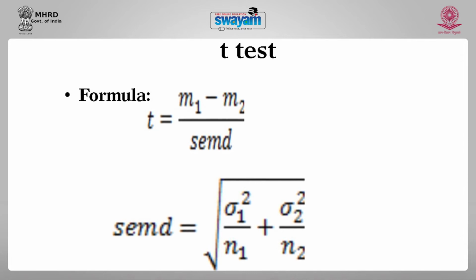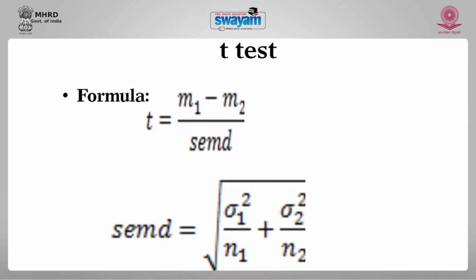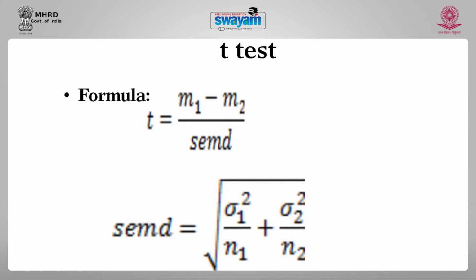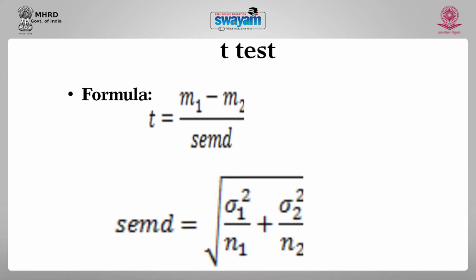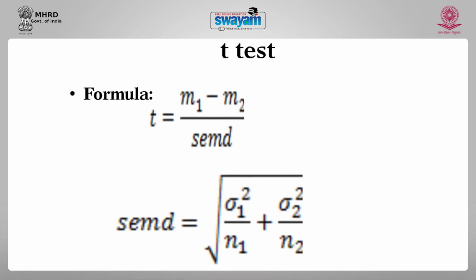As I have already said, the standard error of mean difference refers to the degree of deviation that can be attributed only to chance. When you take the difference between the two means and divide by the error component, we get what is called the t ratio.